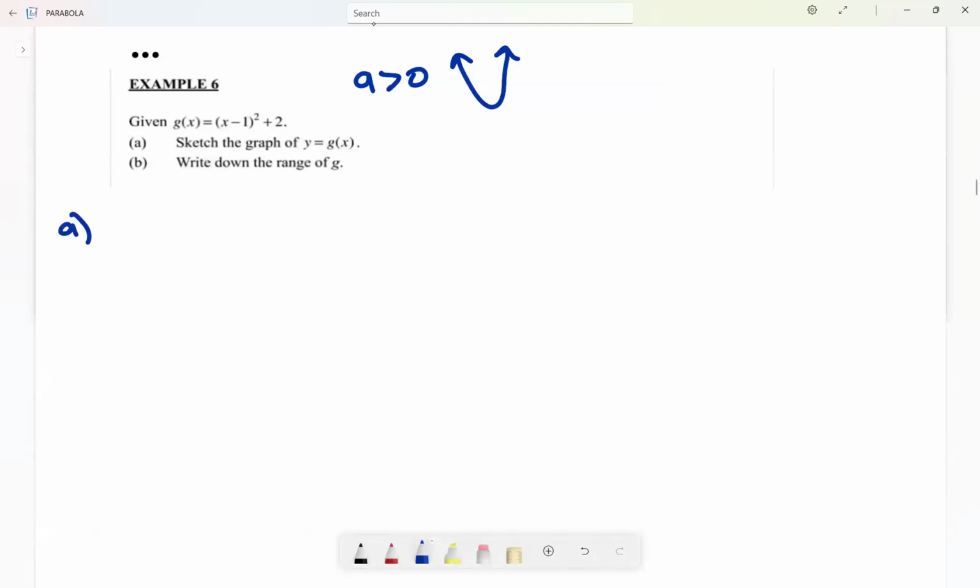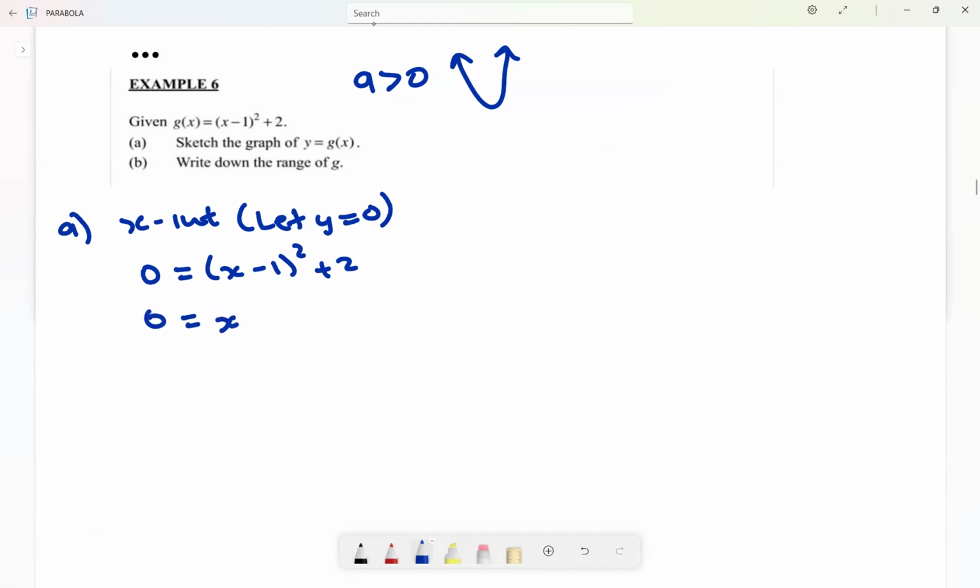For the x-intercept, I let y equal to 0, and then I get 0 equals (x - 1) squared plus 2. I prefer to simplify this normally.